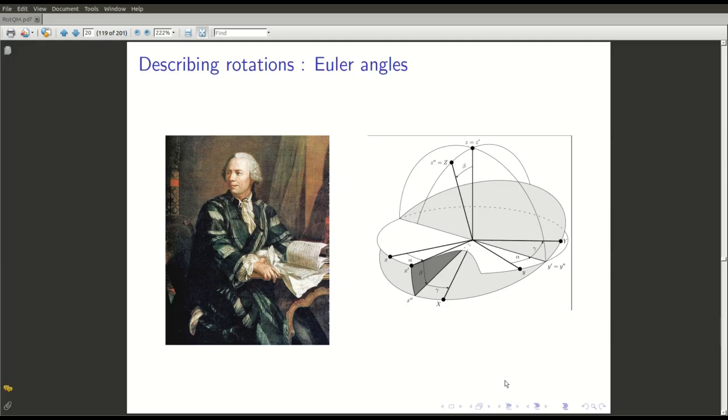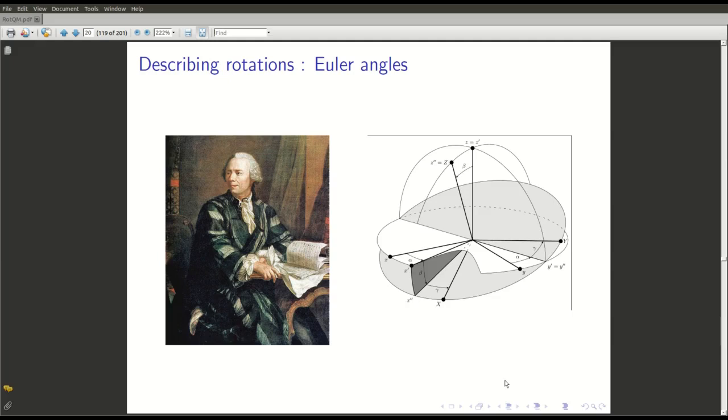Introduced the Euler constant, which we know as simply e, dabbled with complex numbers, worked out infinite sums, and did lots and lots of things besides. He also taught us a way of representing an arbitrary rotation, which takes you from a coordinate frame xyz to another frame capital X, capital Y, capital Z, in 3 steps involving 3 individual rotations.